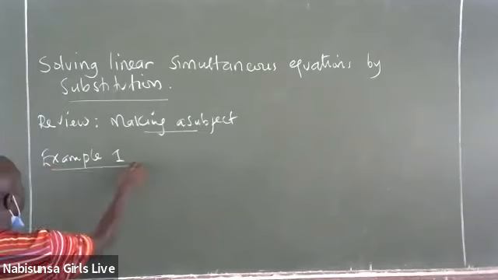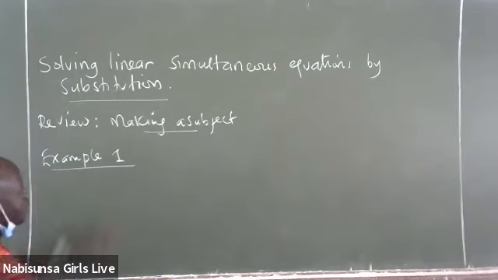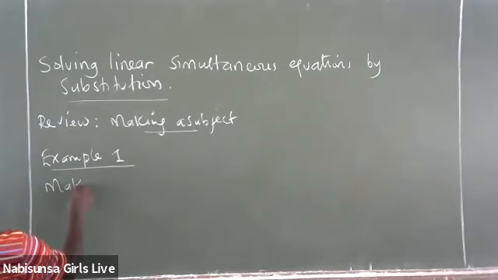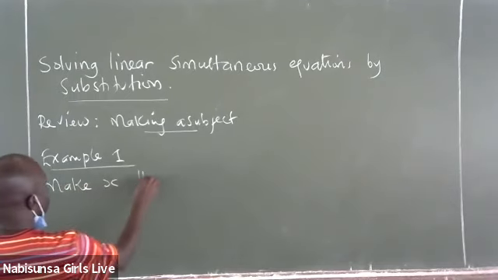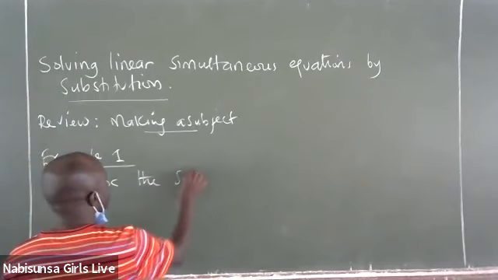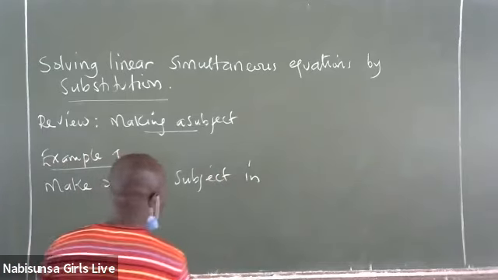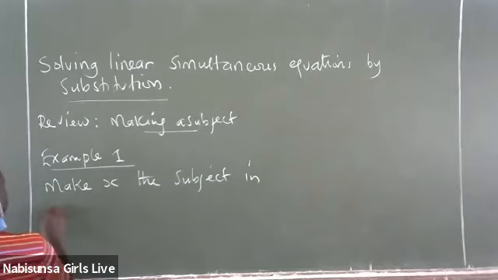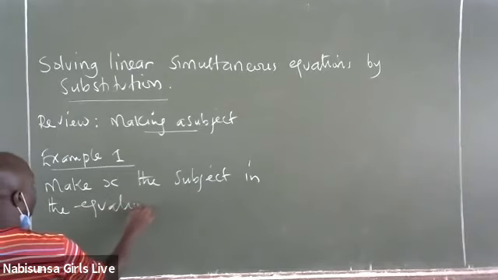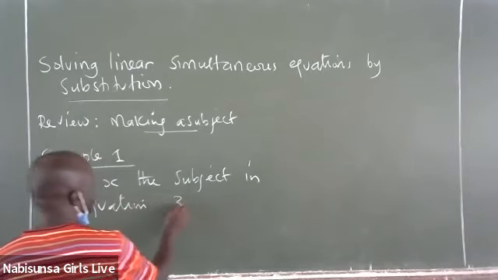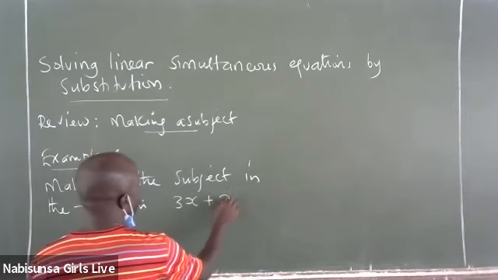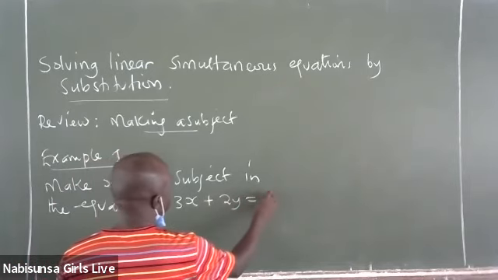Example 1. Let me start with making a subject. If we say make x the subject in the equation 3x plus 2y equals 7.